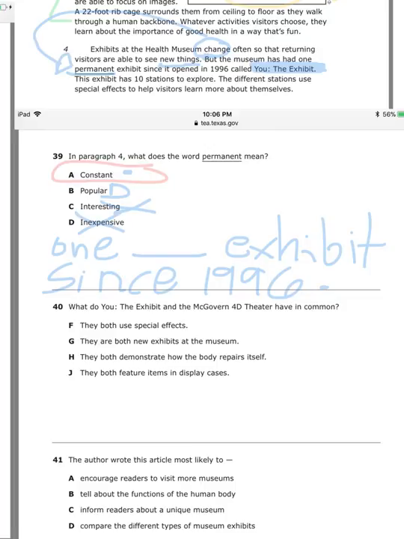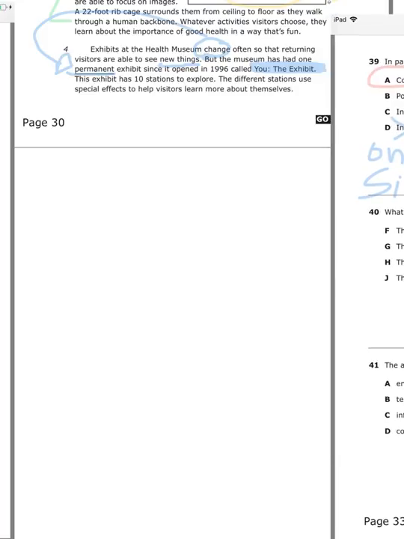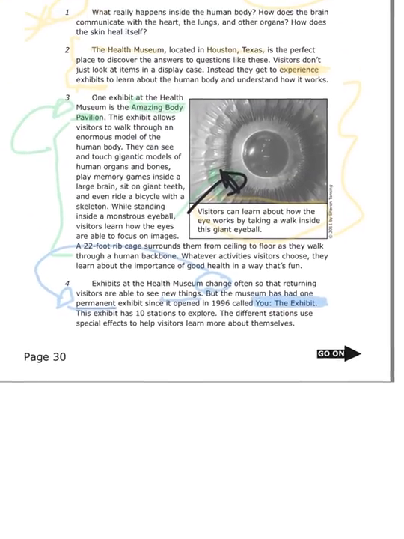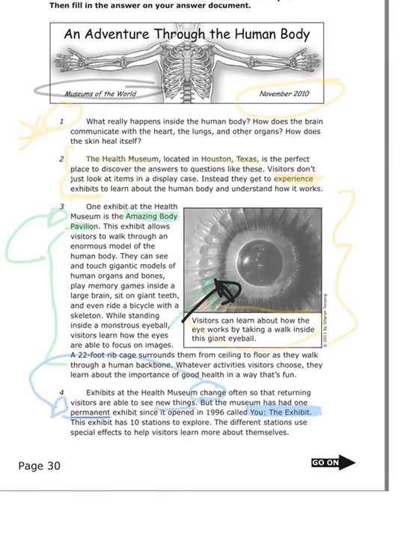40. What do You, the exhibit, and the theater have in common? I need to go back. I know about the theater, but let me find You, the exhibit, and see, because I cannot remember. This is not a memory test, so it's something that you can go back and check. You, the exhibit.